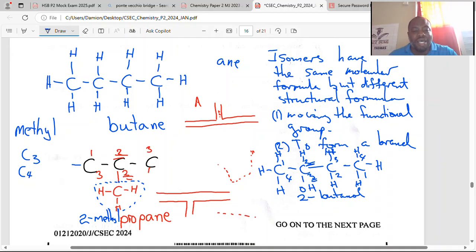So we would have had the 2-methyl propane, and we said this is an isomer. Stressing it again, isomers have the same molecular formula but different structure. So this looks different from this. CXC sometimes, even in the multiple choice, will do it. They will show you this, and then show you this.